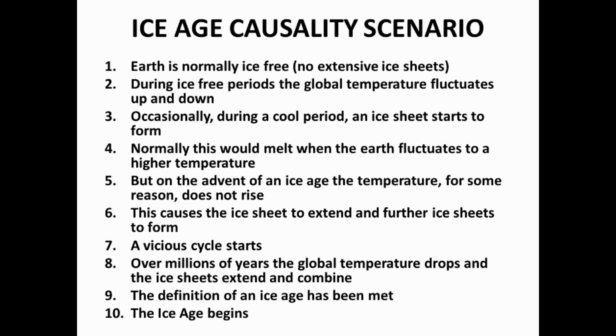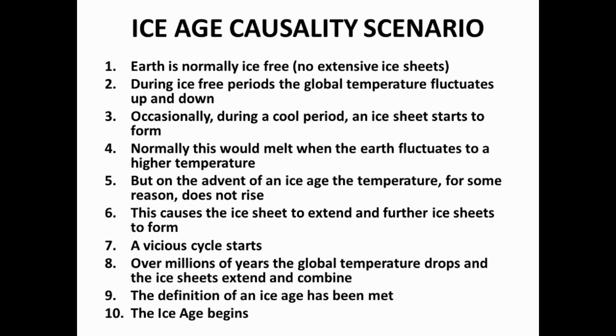Now, normally the ice sheet would melt when the Earth fluctuates to a higher temperature. For some reason, I will return to a possible reason a little later, on the advent of an ice age, the temperature does not rise and may in fact fall. This causes the ice sheet to extend and further ice sheets to form.